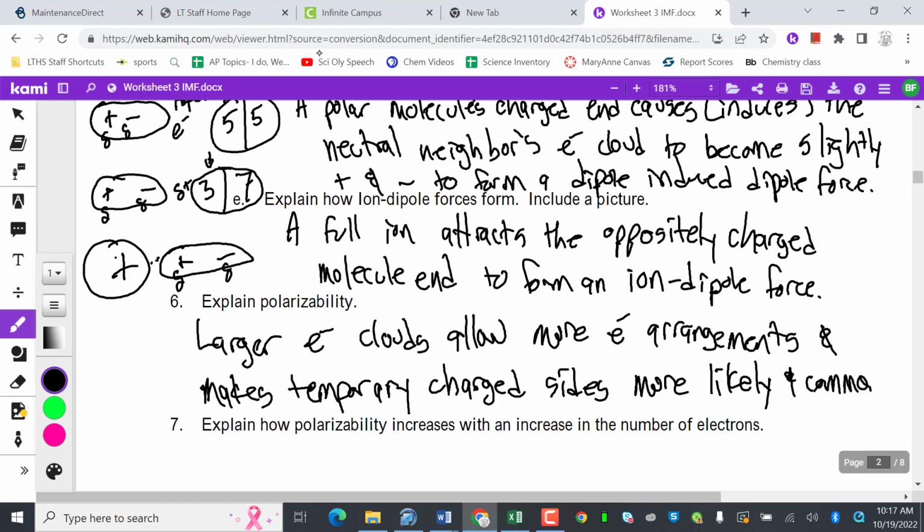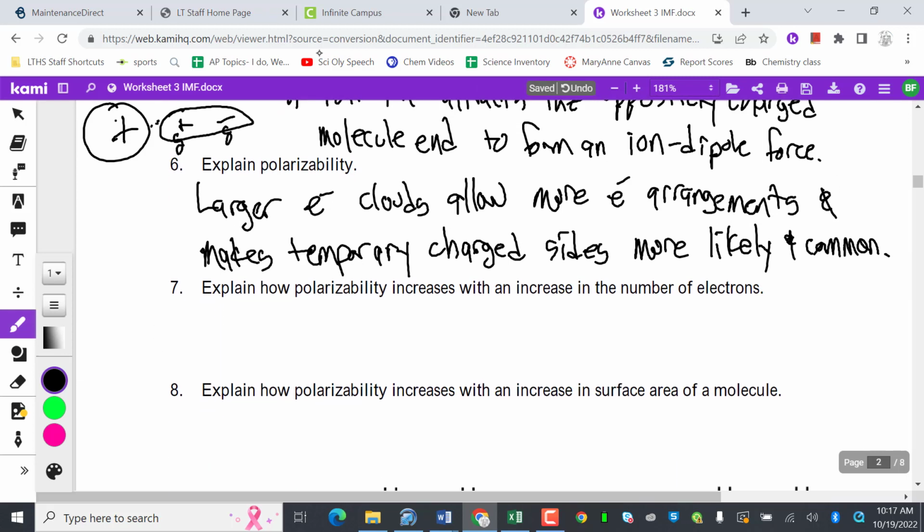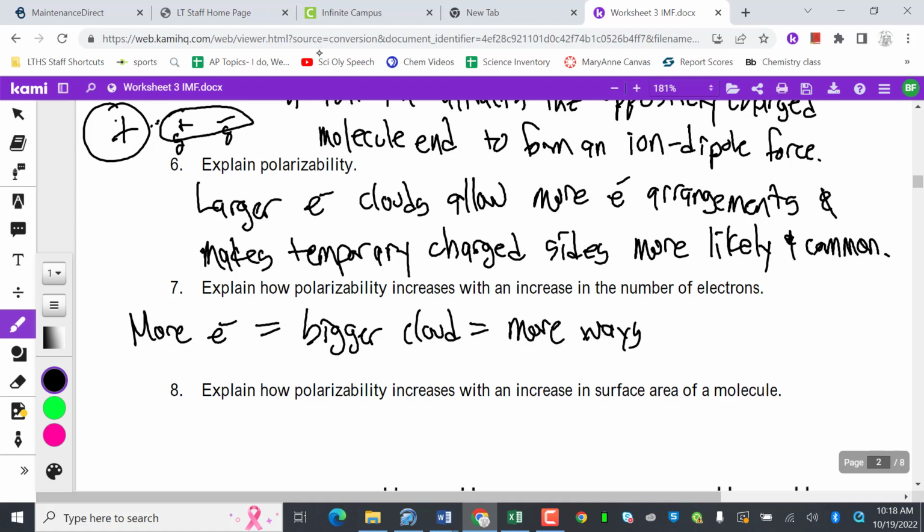So bigger makes you more polarizable. More surface area does that too, but I don't see that too much with surface area. Explain how polarizability increases with an increase in the number of electrons. More electrons equals bigger cloud equals more ways for uneven distribution.